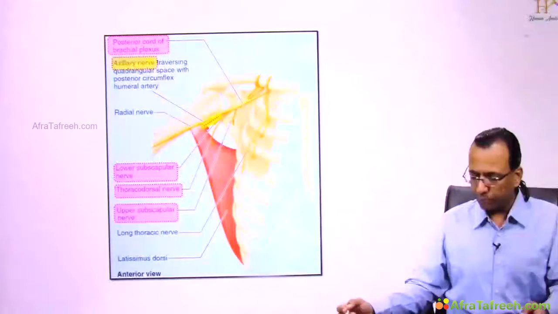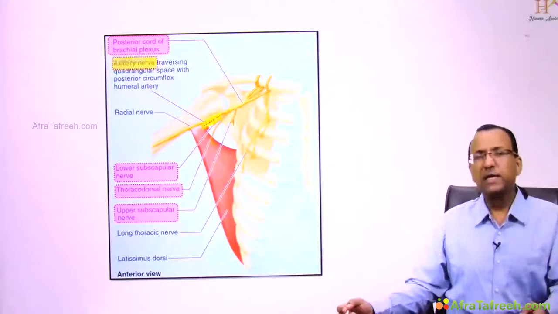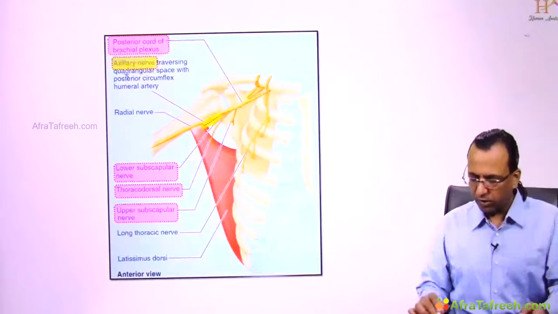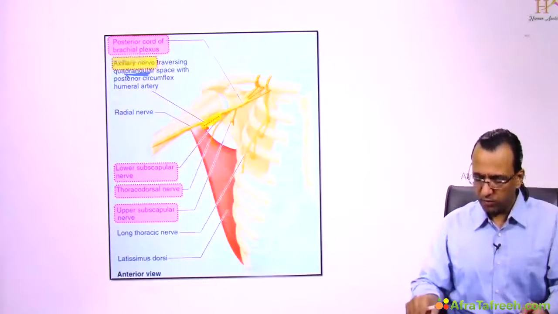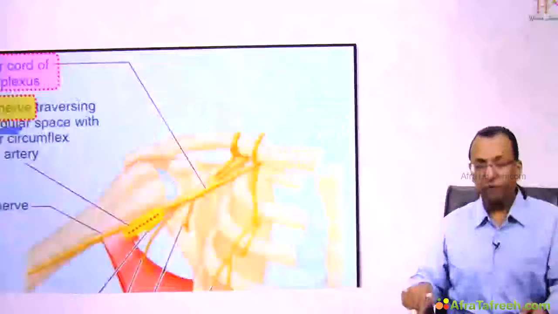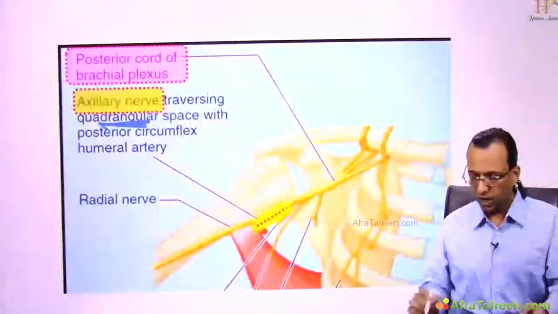And what about the axillary nerve? The axillary nerve is given off in the axilla by the posterior cord of the brachial plexus and passes through the quadrangular space to reach the surgical neck of the humerus. It runs with an artery which is behind the humerus, around the humerus.